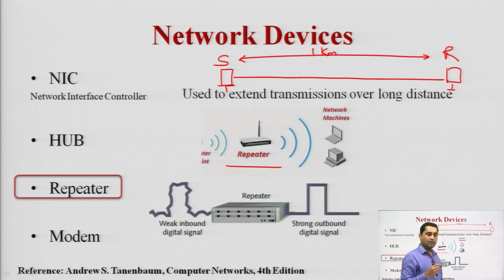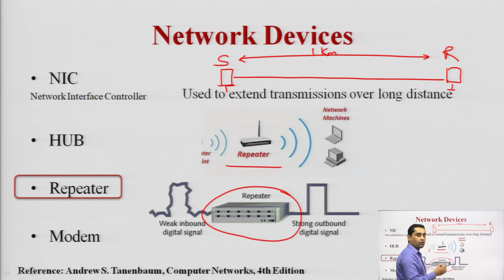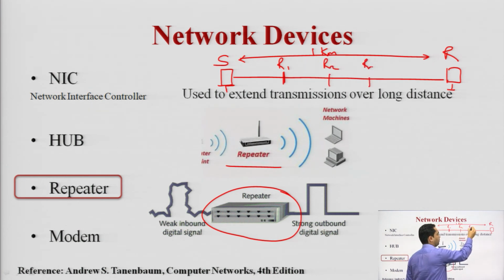So, this diagram shows a repeater, which is required after every 200 meters. How many repeaters are required? After 200 meters there is repeater 1, then repeater 2, repeater 3, repeater 4.